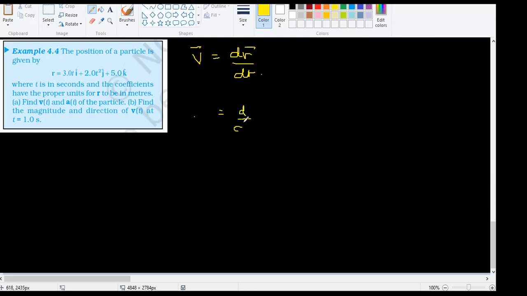So d by dt of this entire thing, 3t i cap plus 2t square j cap plus 5k. If I differentiate this, 3 is a constant, keep it as such. Differentiation of t is dt by dt, which means it will be 1. I will be i vector in the same direction.